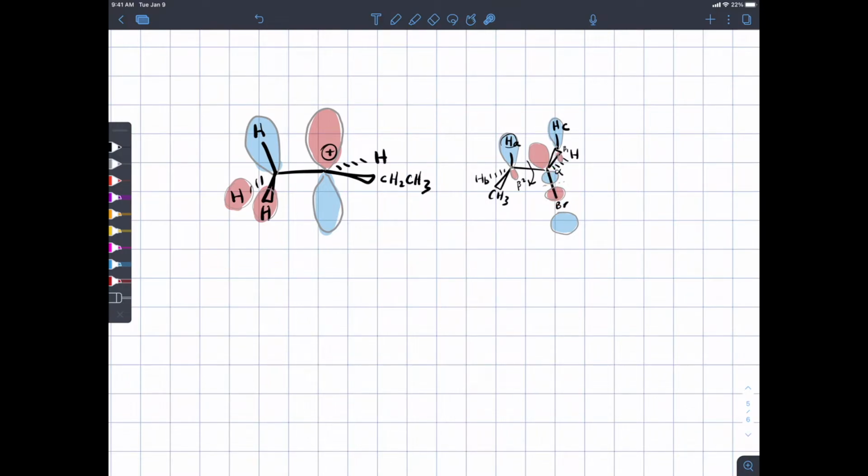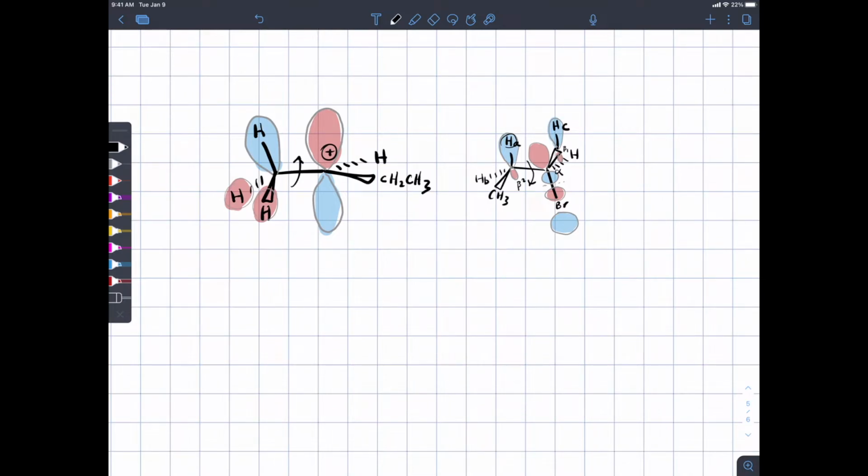In contrast, the LUMO, or the p orbital in the carbocation, is evenly distributed on one side versus the other, and so these protons on the bottom can start to overlap with that part of the p orbital. So the LUMO in the carbocation is mostly on this one that's lined up, but also on these other ones. And notice that in the carbocation, I can rotate around that bond, so any one of those protons can be anti to the leaving group.